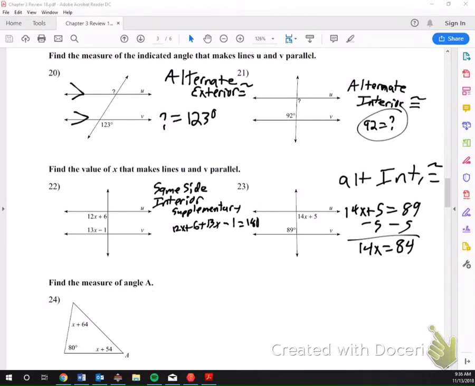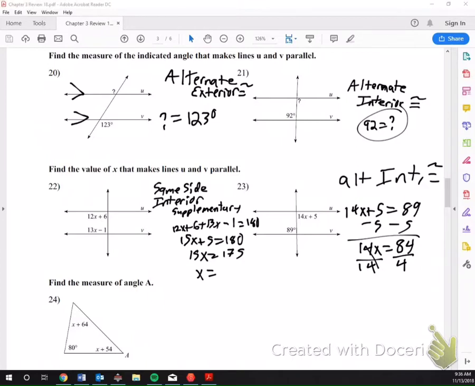Back up a little bit. So if I added those up, I'd get 15x plus 5 equals 180. 15x equals 175, or x equals, you know, 10?